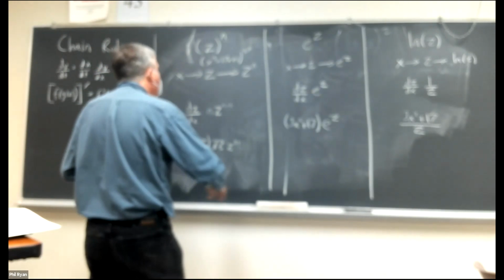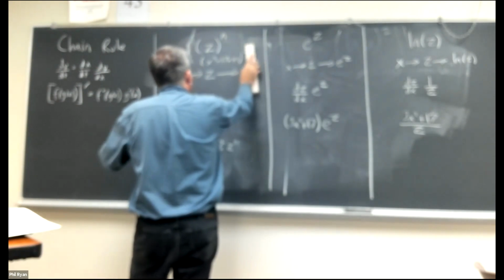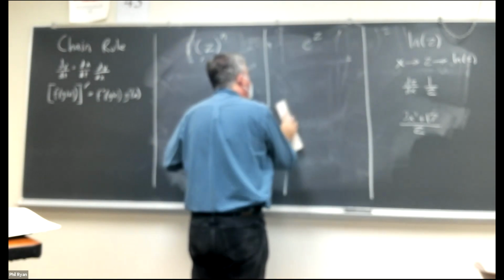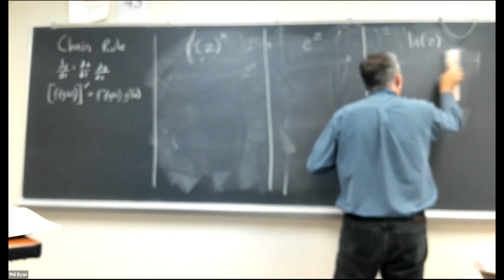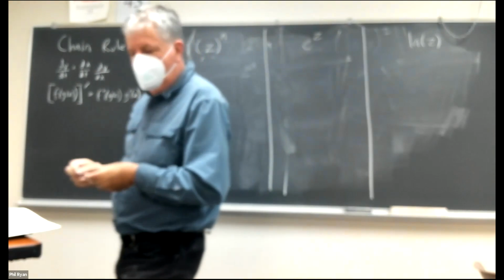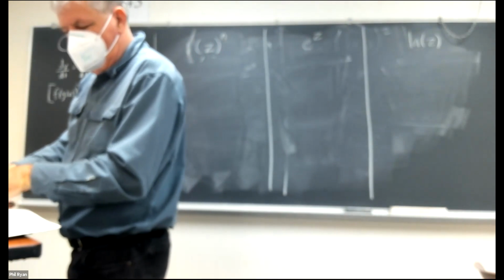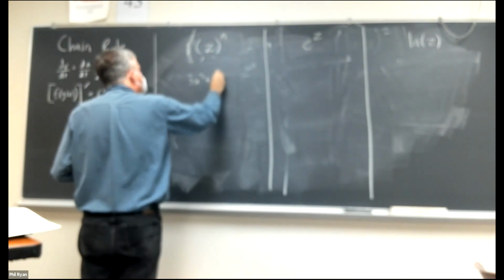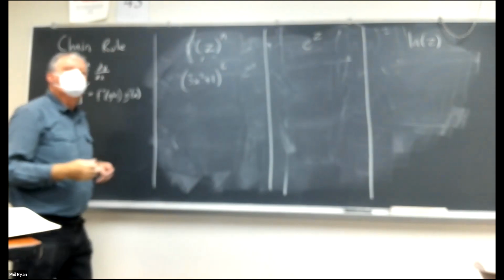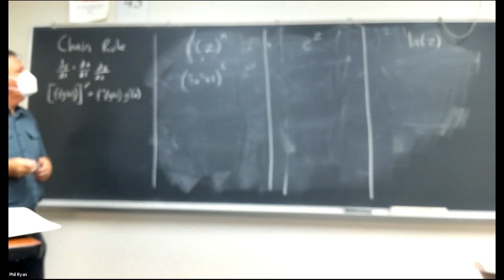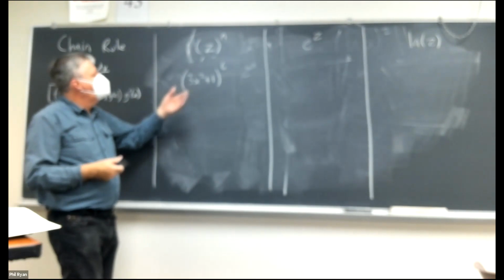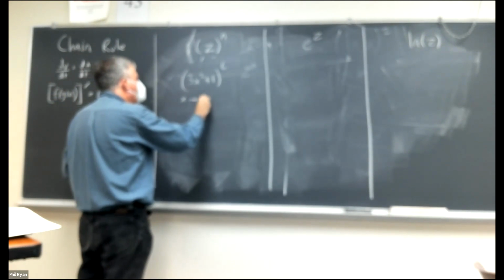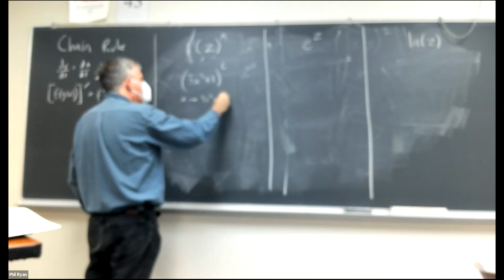Okay, so let me give you another example of these. What about 3x squared plus 1 to the 6th? Again, it's x going to 3x squared plus 1.